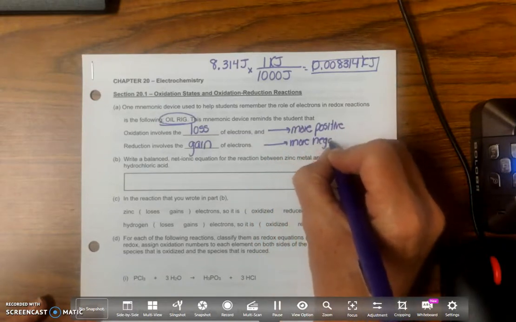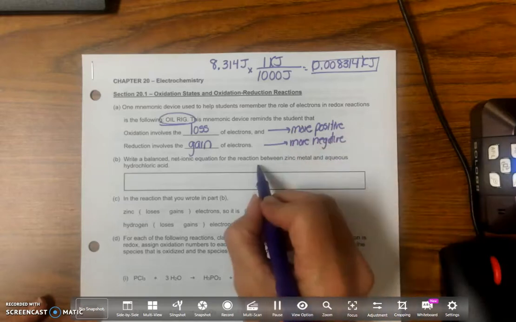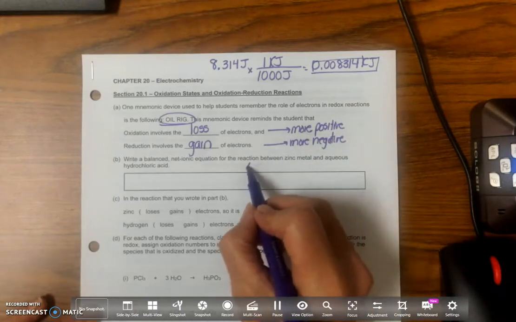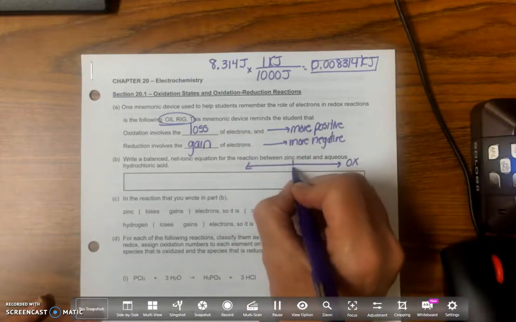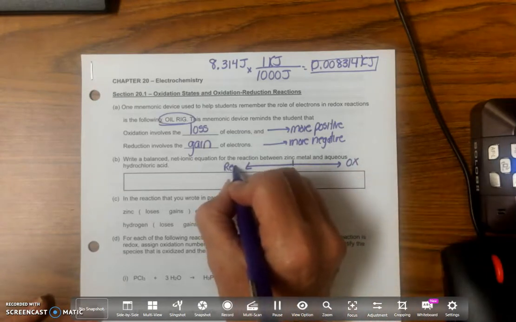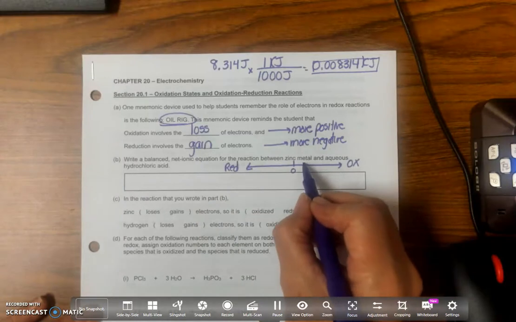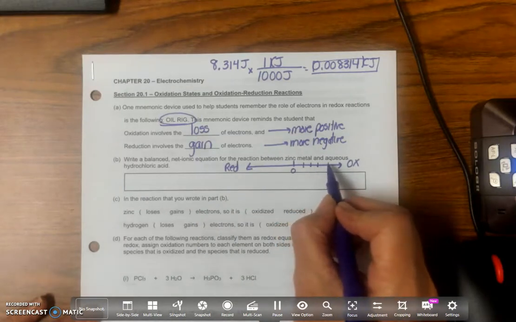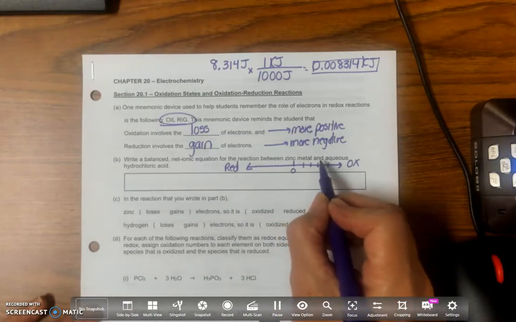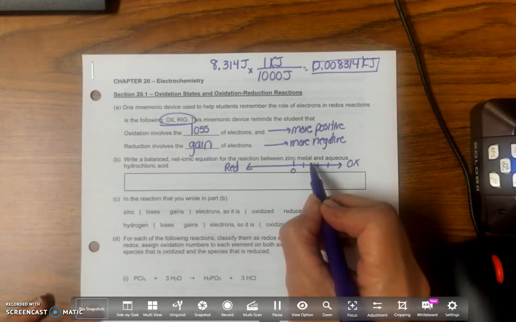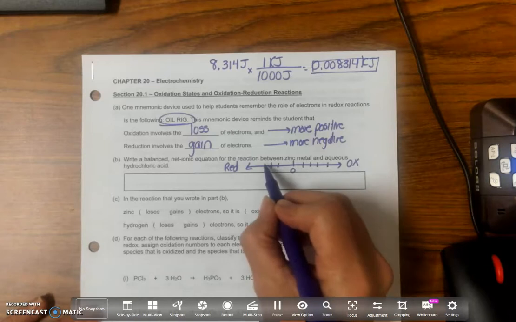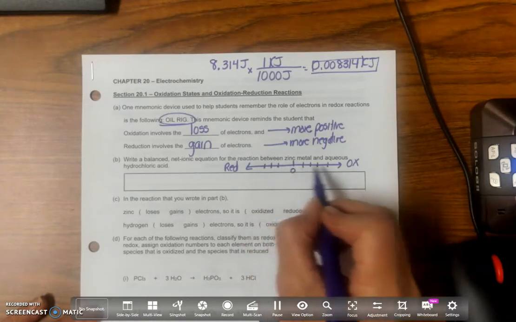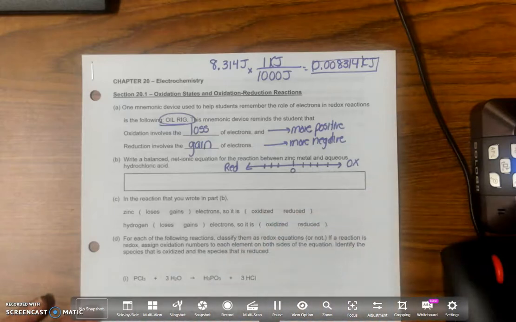Now remember, if we need to, we can use our number line, where oxidation is this side, we have 0, and reduction is this side, because sometimes reduction will occur from +4 to +2. It's easy from 0 to -2. Most students are like, yeah, that's reduction, I can see that. So if you need to use the number line, you can do that.